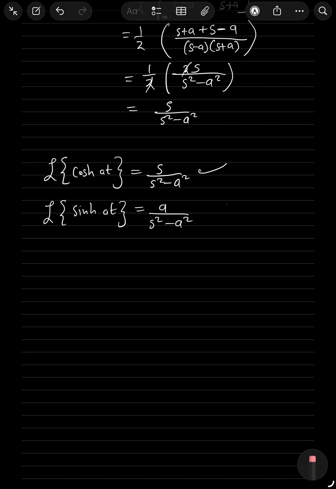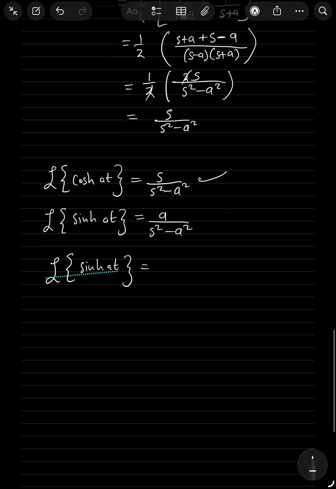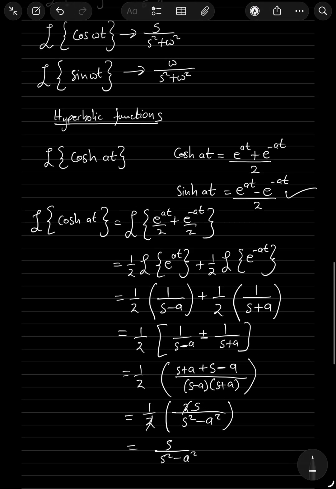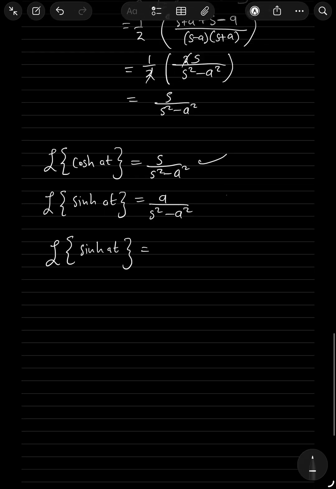The same denominator, and then you just swap the numerator. For cos it is s, then for sine it is what? It's a. But we can also do it for sine. So the Laplace transform, let's just prove it real quick. The Laplace transform for sinh at is equal to, remember we said, this is how you represent sinh.